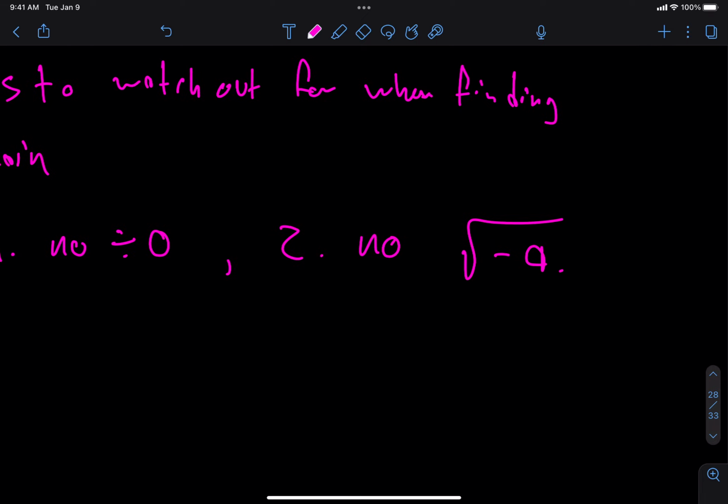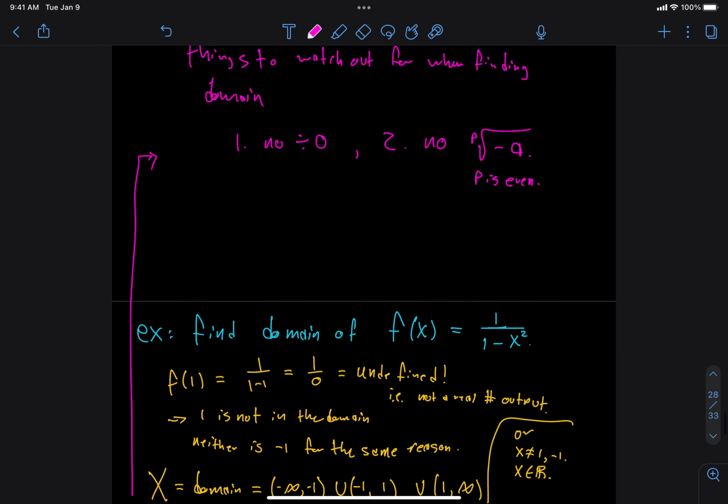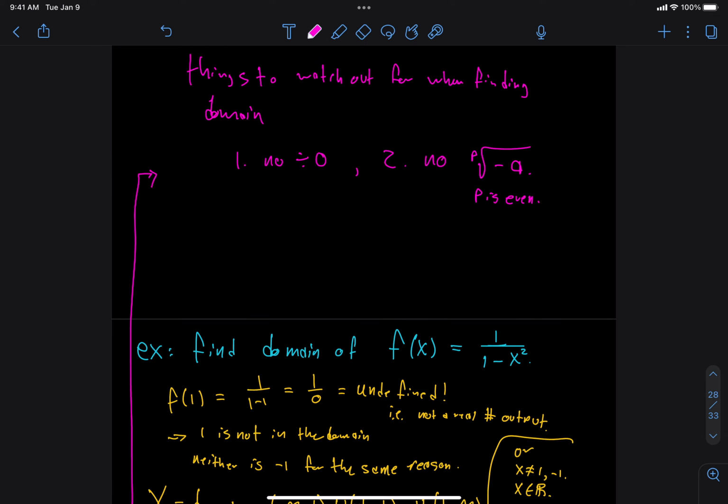Actually, no even-powered roots of negative numbers, right? And yeah, that's pretty much it. That's what you want to watch out for when you're trying to establish the domain: make sure you think about all the numbers which could possibly cause you to divide by 0 or take an even-powered root of a negative number.